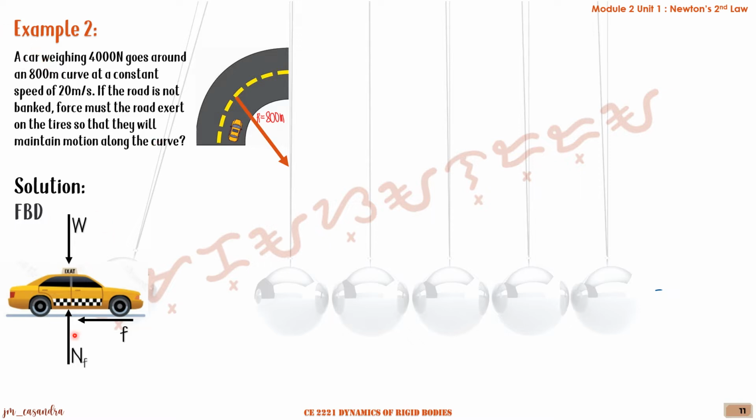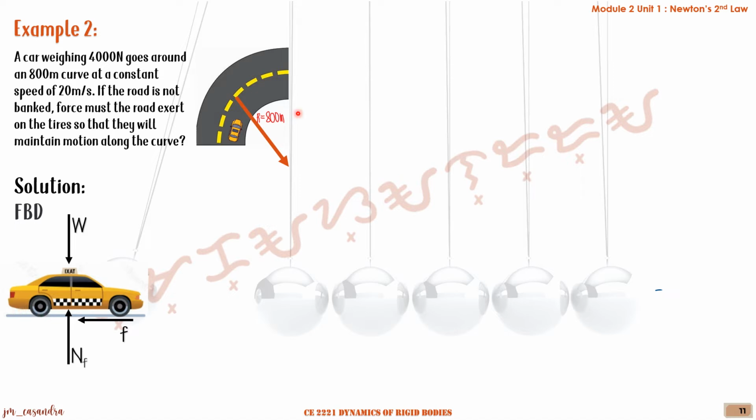So if we inspect our free body diagram, you will see that for the weight and the normal force, we'll have an equation here. And for the frictional force, you will see that it's not opposed by any other force. So how can we compute the frictional force if we cannot derive an equation for the forces along the horizontal?